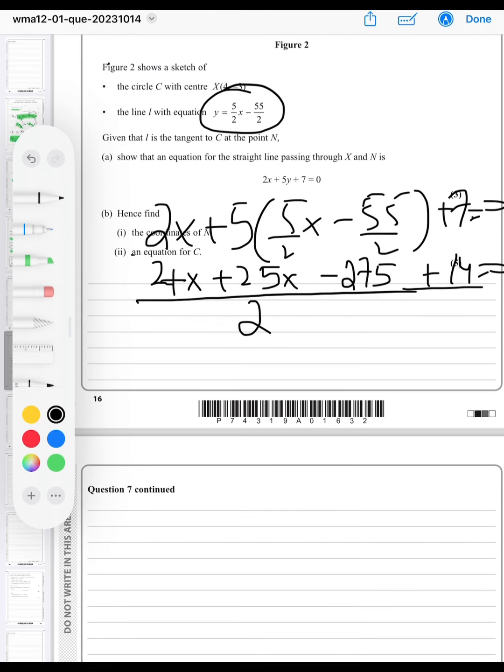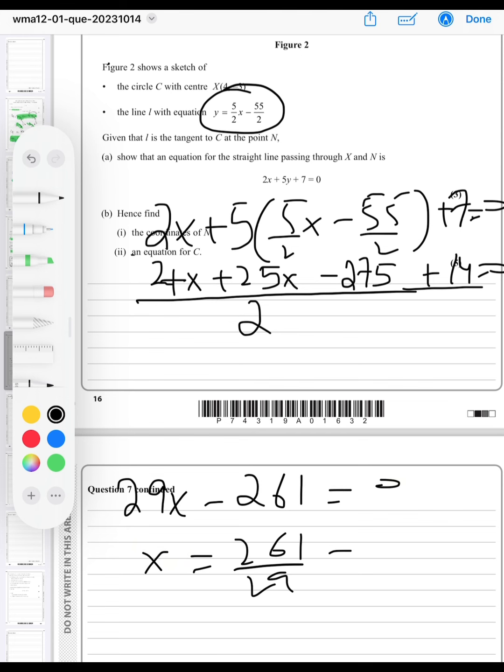This will turn to 29x, and let me calculate this. Minus 275 plus 14, so minus 261 equals this. X equals 261/29. Divided by 29 will give us 9. So x is equal to 9.